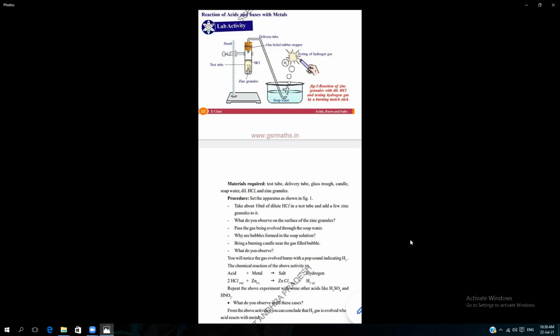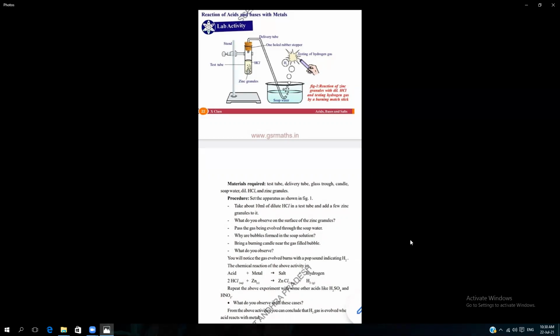In this activity, we conducted the experiment with hydrogen chloride, HCl. Now, in the same experiment, we just have to replace the HCl with H2SO4, and H2SO4 with HNO3. We just take the same activity.